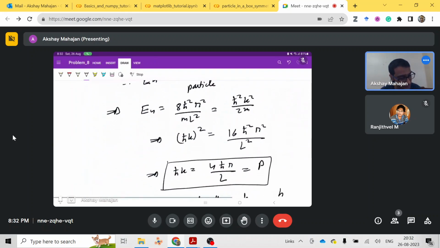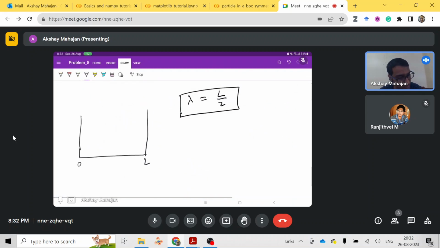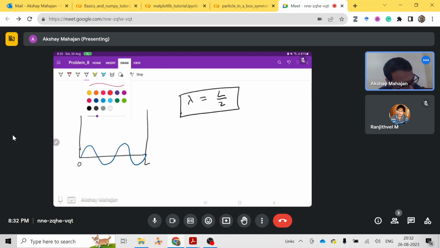For n equals to 4, the wave function of our particle will look something like this. Here you can see that our particle's wave function looks like this, and this is the wavelength lambda, and that lambda is equal to L by 2.